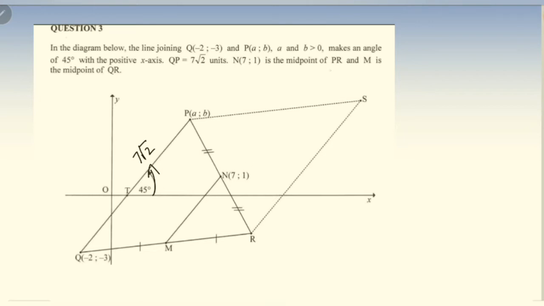N is the midpoint of PR and M is the midpoint of QR. So both N and M are midpoints of PR and QR, which means you can use the midpoint theorem. What is the midpoint theorem? The line joining the midpoints of two sides of a triangle is parallel to the third side, and MN is equal to half of PQ.